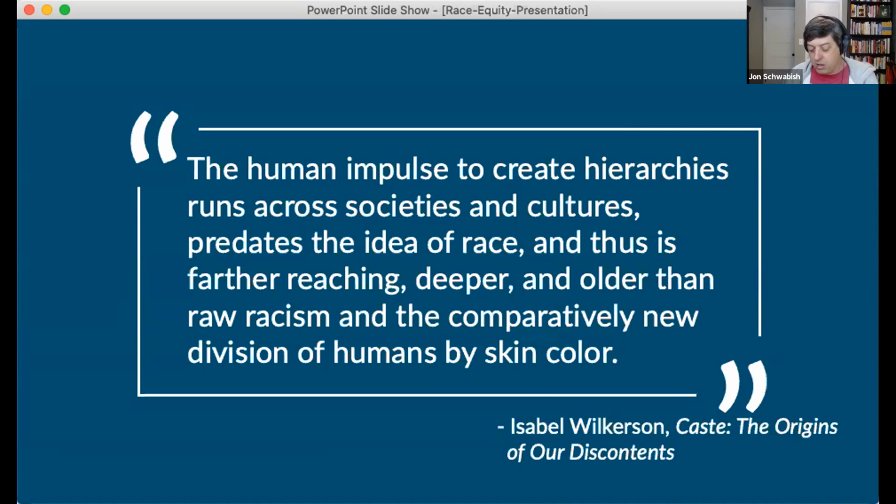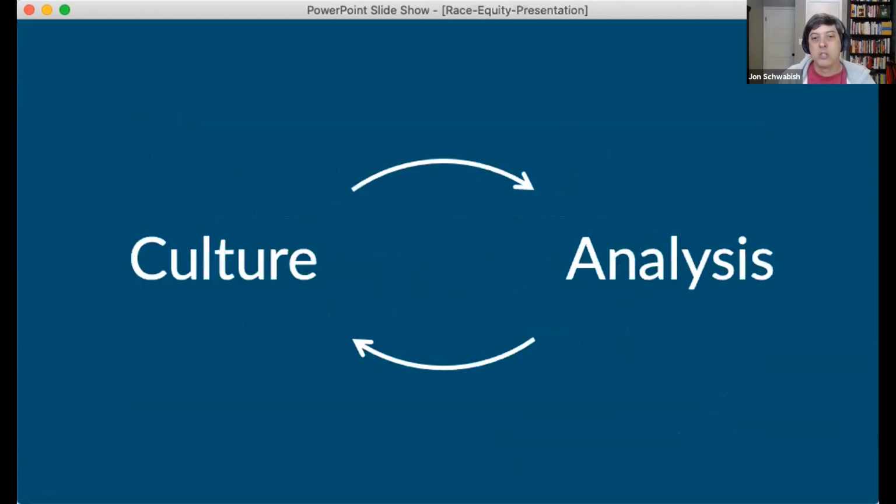So race as a construct is built into our human impulses. And so to take a more racially equitable view of our data and our data visualizations, we need to also take that view into the teams and the groups that we are working in and for. The culture in our organizations is going to feed into our analysis, and our analysis is going to feed back into our culture.